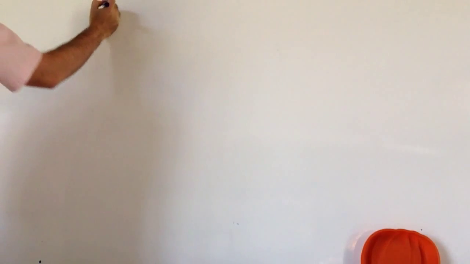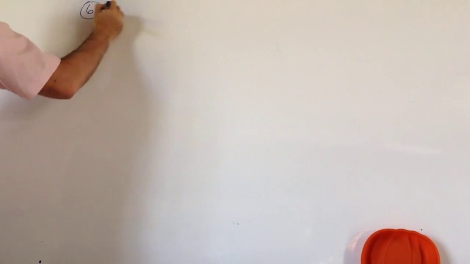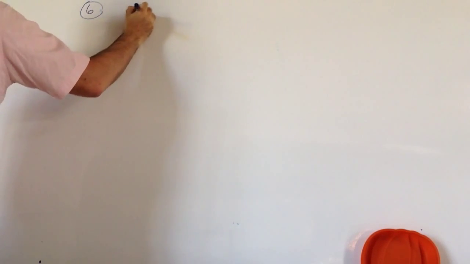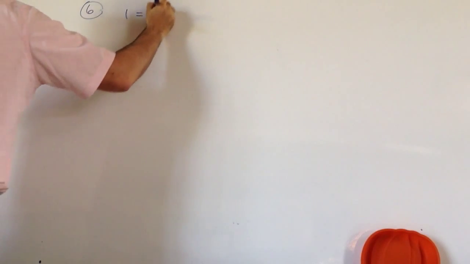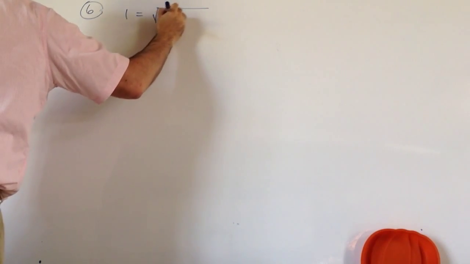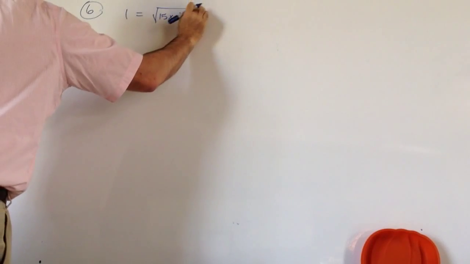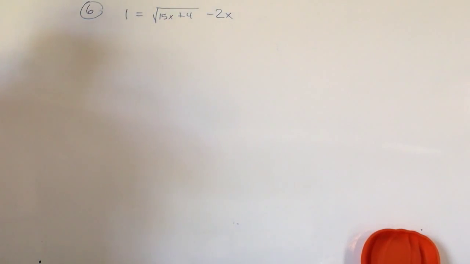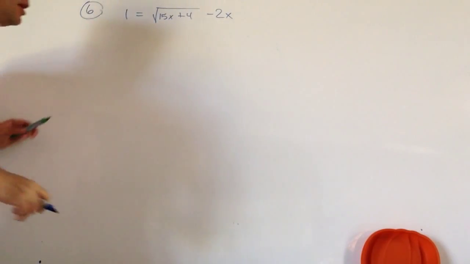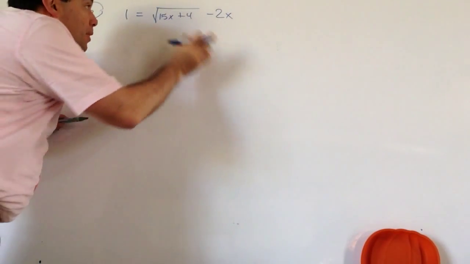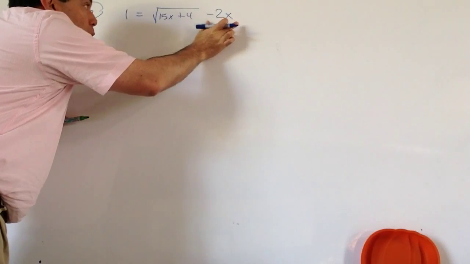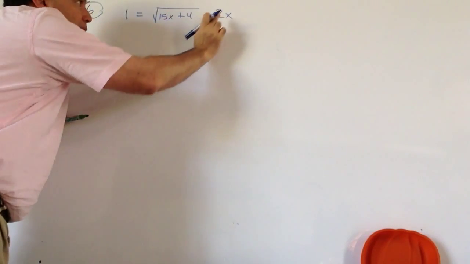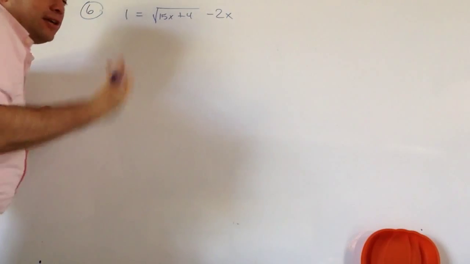Okay, so we have that number 6 is 1 equals the square root of 15x plus 4 minus 2x. Okay, another square root problem. So now we're going to isolate the radical by getting rid of the 2x.